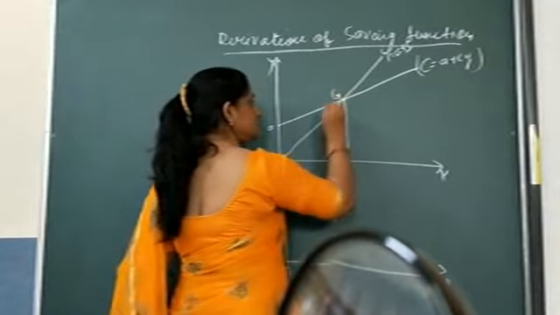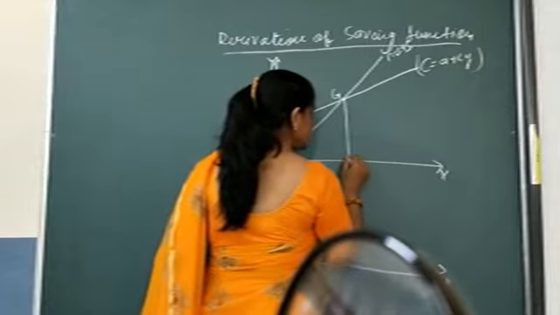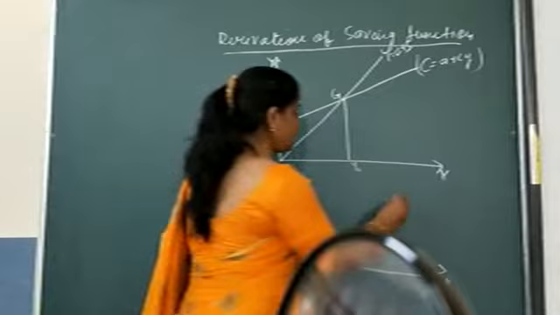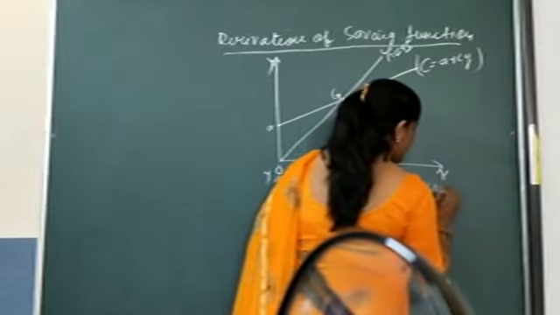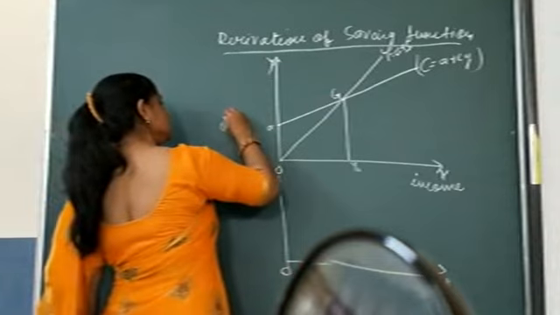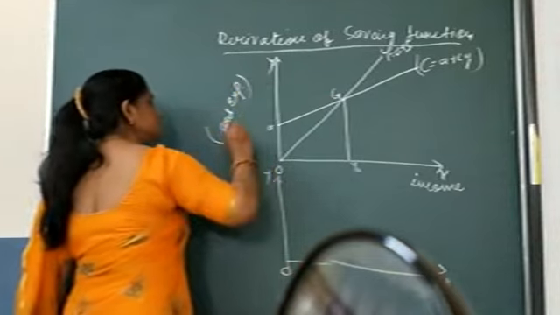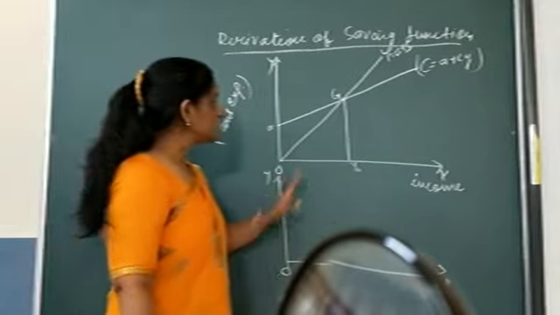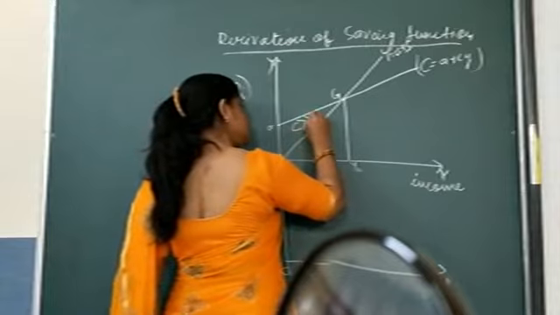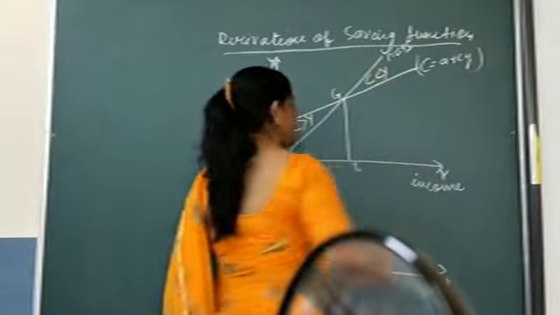So this is G, which is the break-even point, and suppose this is Y naught. Okay, because here we are showing income and here we are showing consumption expenditure. Alright, so this is the diagram of consumption expenditure where C is greater than Y this side and this side C is less than Y.